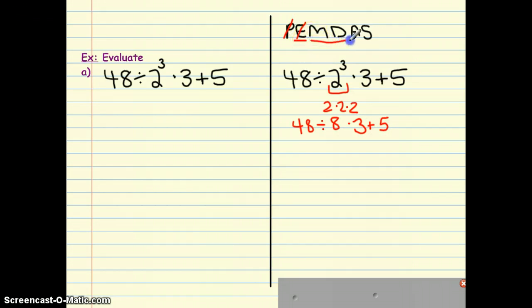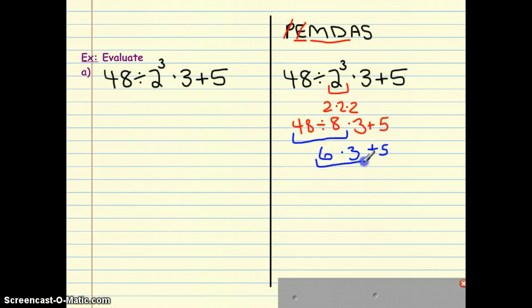Now I'm looking for multiplication or division, and I have both, so I'm going to go from the left to the right. So first I'm going to look at 48 divided by 8, which is 6, and then I'm going to bring down my times 3 and my plus 5.